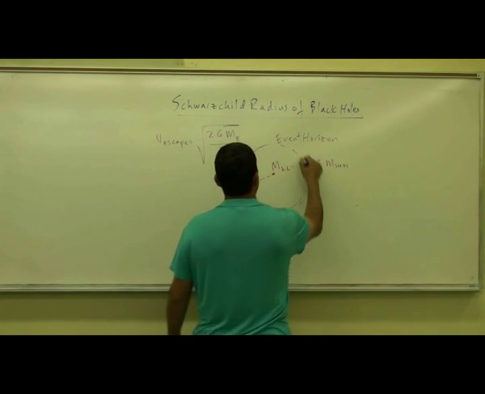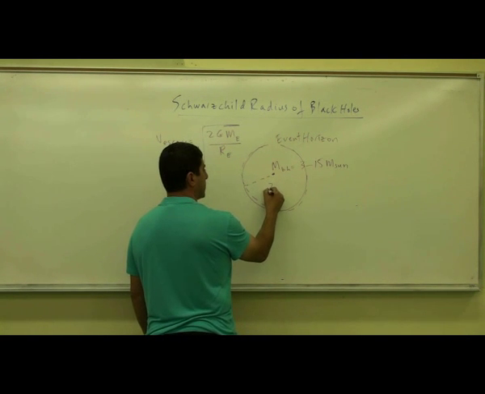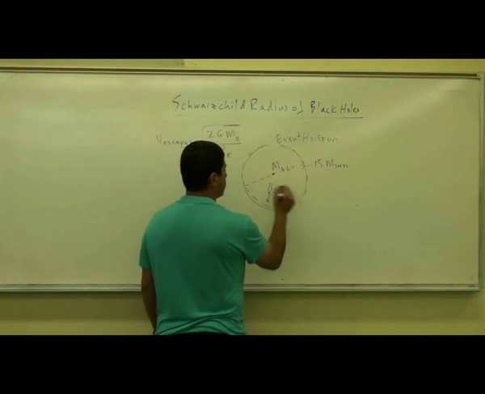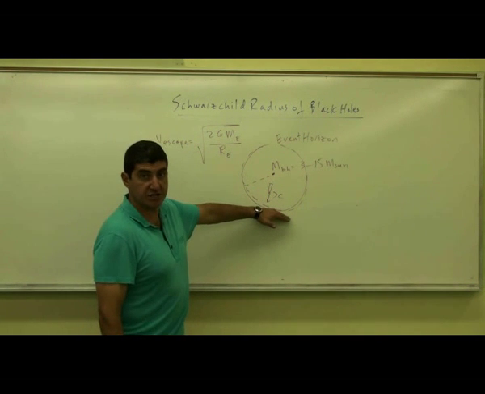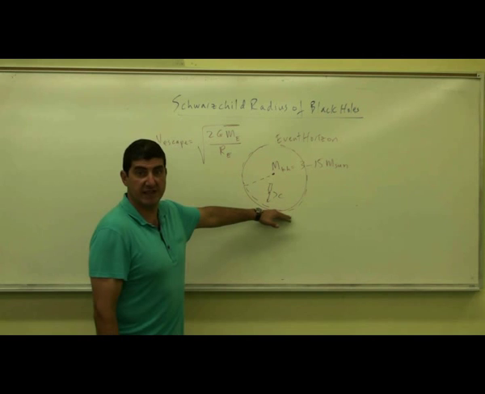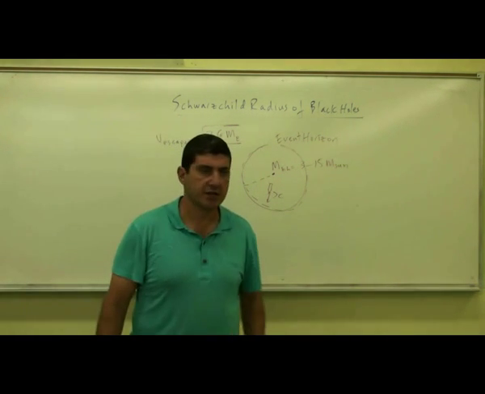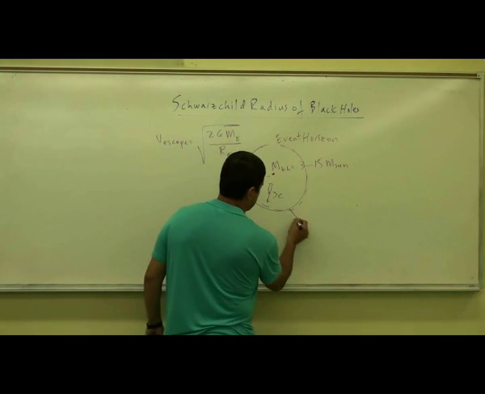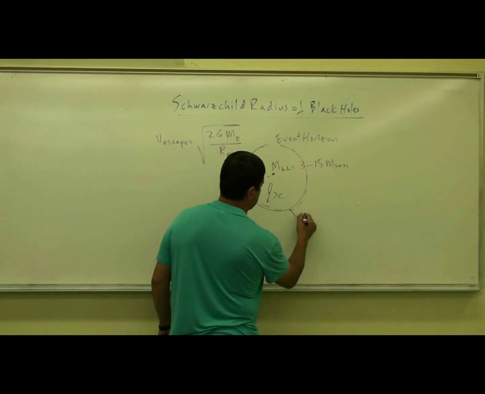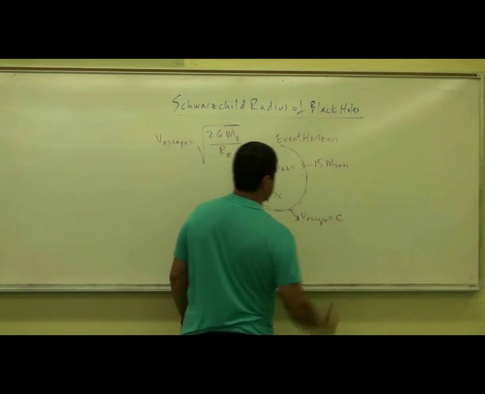If a rocket wants to escape from inside, the velocity of escape is greater than the speed of light. Right at the edge of the event horizon, the escape velocity is equal to the speed of light. Well, nothing can go at the speed of light, so you can't even escape from the edge of the event horizon. So the velocity of escape here is equal to the speed of light.